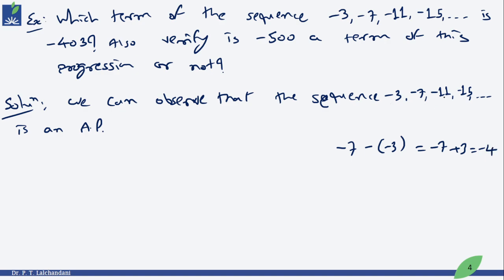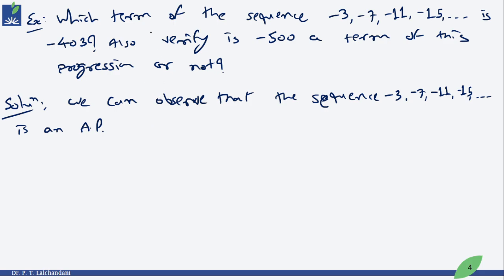Similarly, the difference between the third term and the second term is -11 minus -7, which is -11 plus 7, that is again -4. Similarly -15 plus 11 is -4. So the consecutive difference is -4 for all the given terms. That's why this progression is an arithmetic progression.